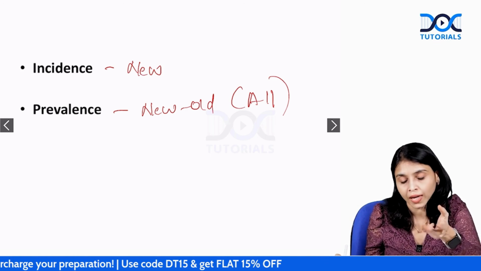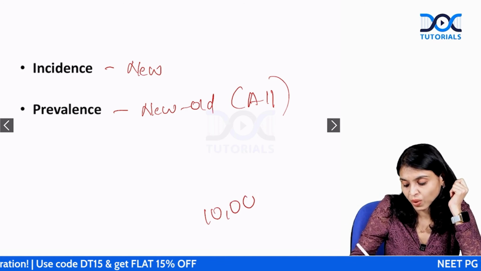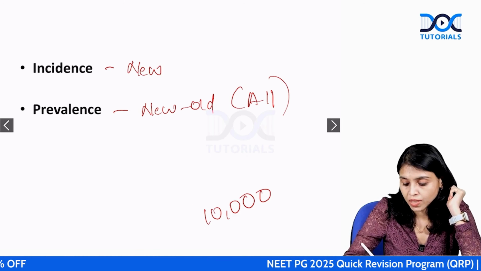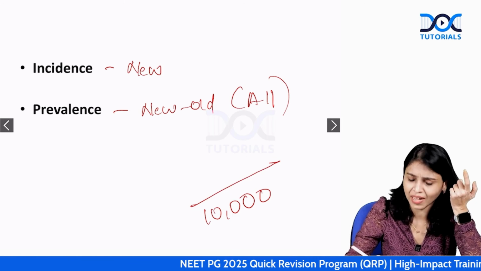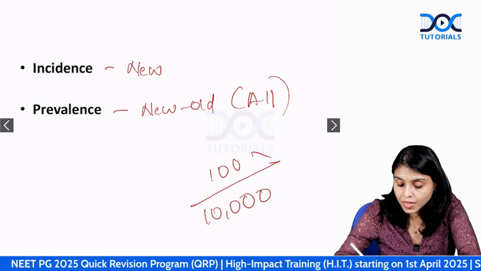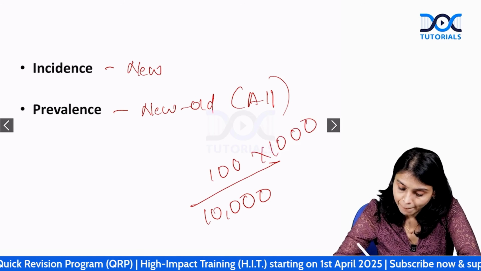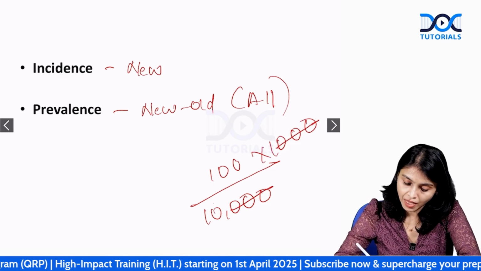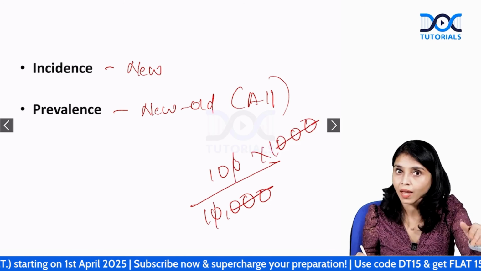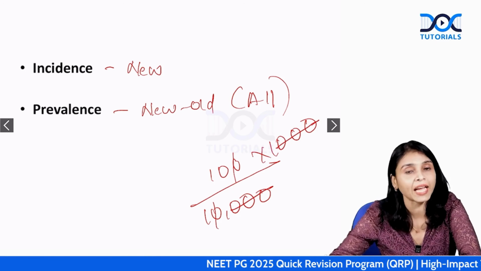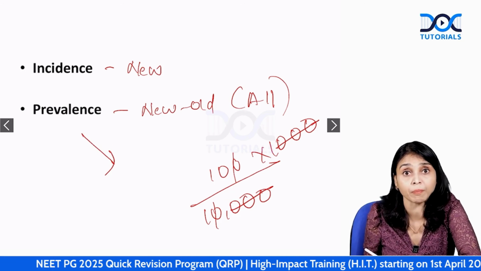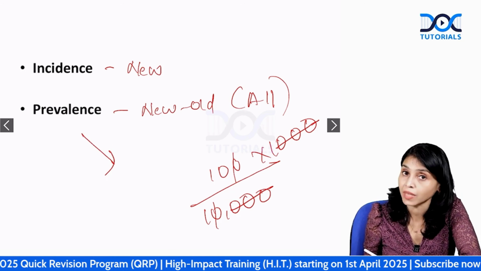Suppose I surveyed 10,000 people, and I found that out of 10,000, say 100 were having some disease. Let it be COVID. Then that will tell me, per 1,000 people, how many are having COVID at one point, or today, or this week. It is 10 per 1,000. This is nothing but prevalence. So you can say that prevalence of COVID at this point is 10 per 1,000.